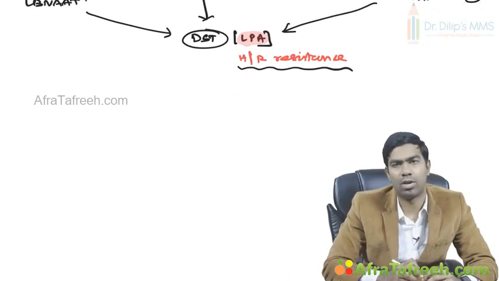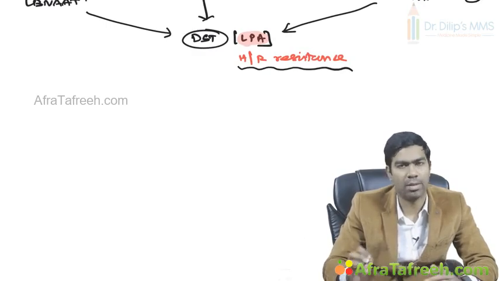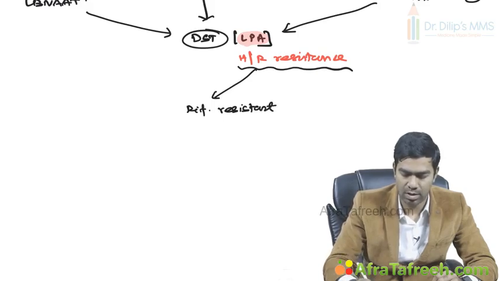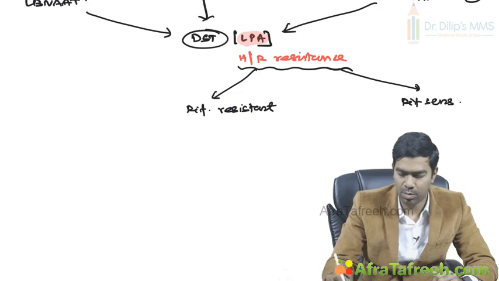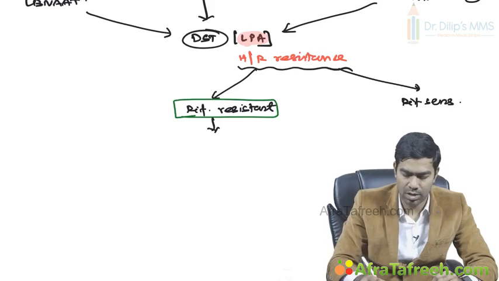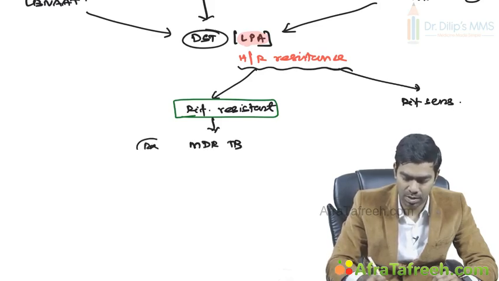The results of the line probe assay can come in 2 ways. Either rifampicin resistant again, or rifampicin sensitive. Remember, the moment you know it's rifampicin resistant by LPA, you have to start treating like MDR-TB.